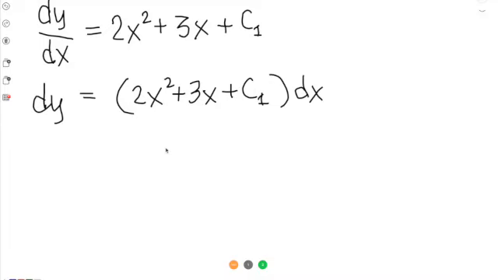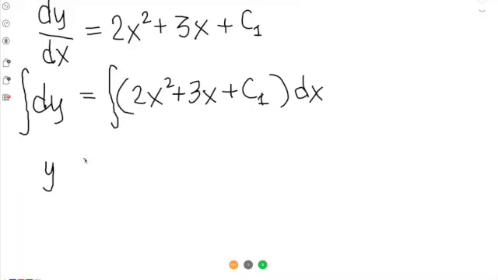second anti-differentiation. So let me just write the integral sign here so that I don't have to write everything all over again. Okay, so in order to find the complete solution for this DE, we need to do the second anti-differentiation. So here we will have the integral dy is just equal to y.